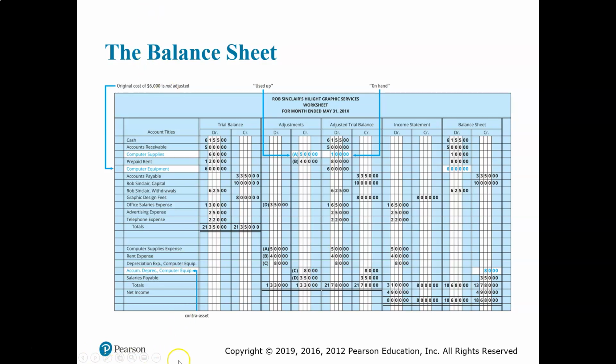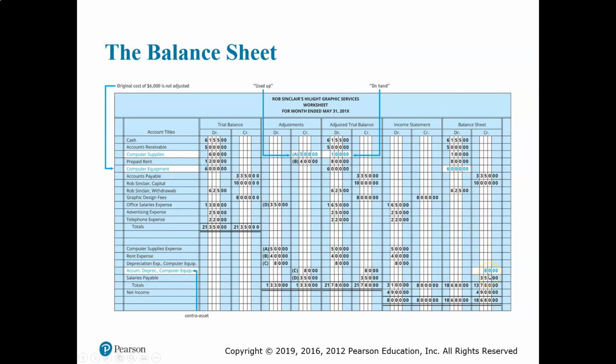Now, this is a more complete worksheet, and we have the balance sheet columns up here. So all our assets, our liabilities, our capital and our withdrawals all go across over here to complete our balance sheet. We just take them from our adjusted trial balance, the same debit or credit that they are listed at, and they should be their normal account balance.